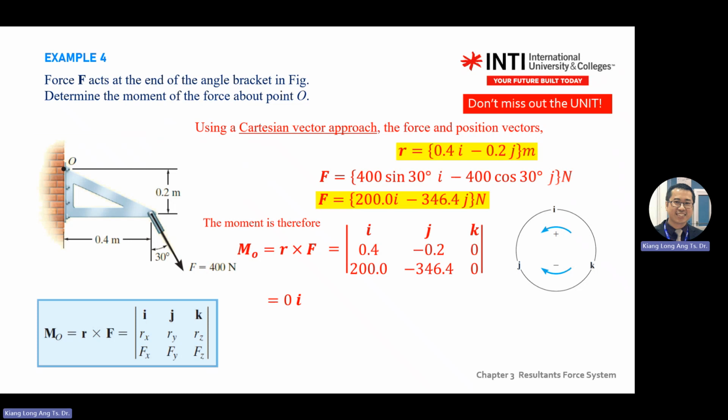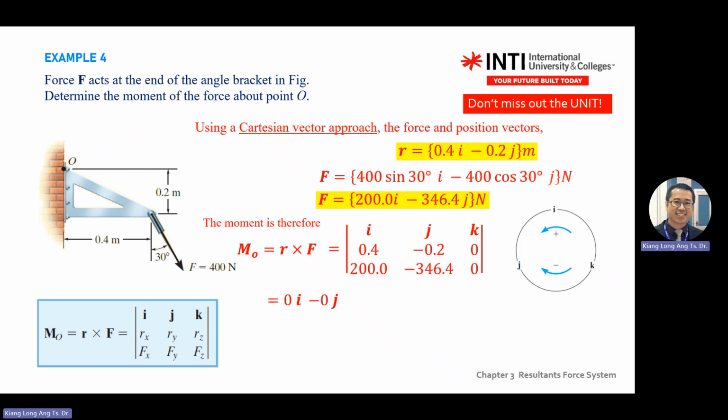So you want to find i, right? Close this one. i equals j cross k. j cross k, you get positive. So j cross k: this one 0, this one 0, 0 minus 0, 0. Right, 0i plus j.